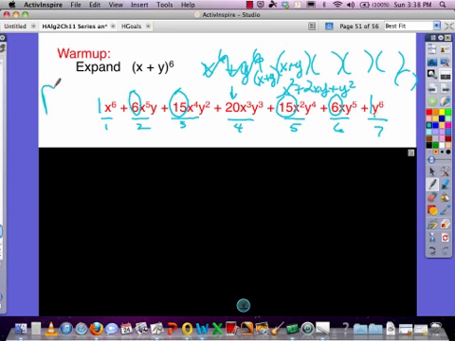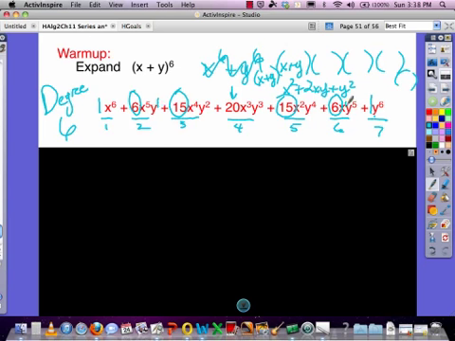Nice, I heard it. They all are of degree 6. The x term has a degree which is not 6, but when you add the degree from the other variable, every single one of them is of degree 6.